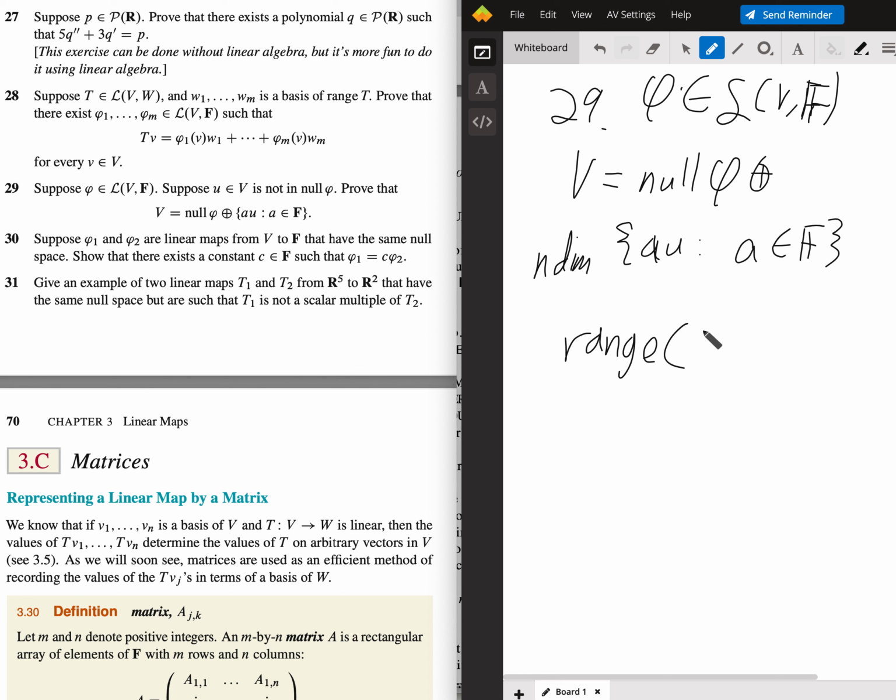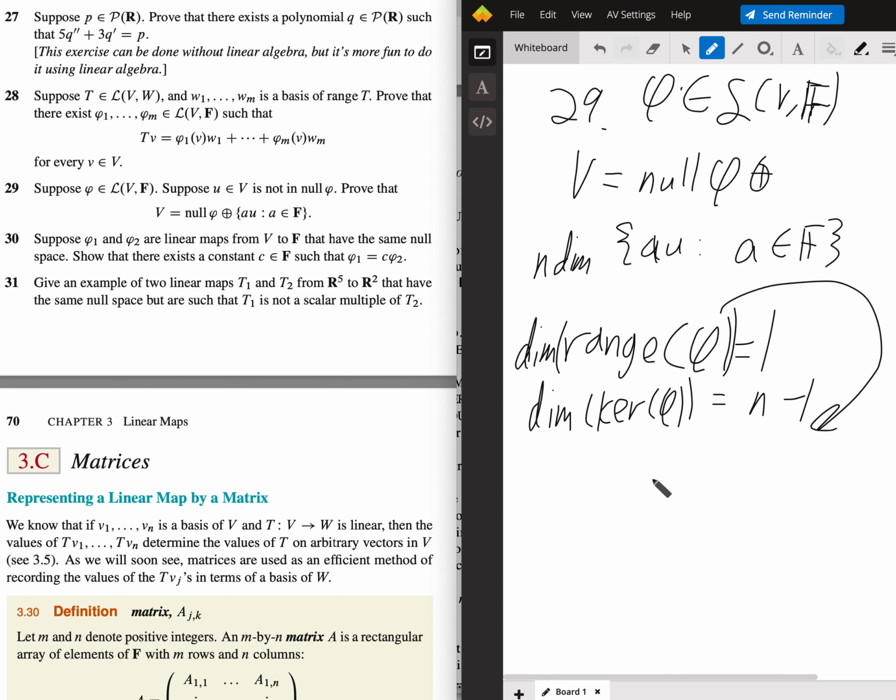Considering when you have a range that has dimension 1, then the dimension of the kernel is n minus 1, right? So what you want to do here, and you must be very careful about the way you do this, is construct a basis for the range, right?